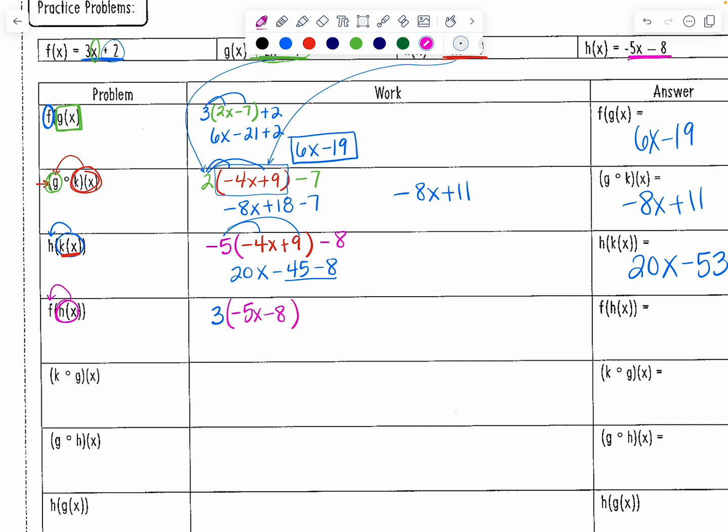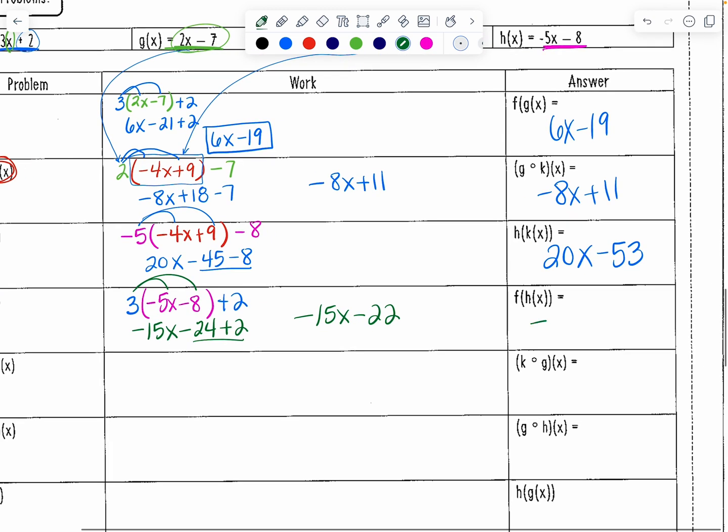And then I'm going to finish up the f function. So then plus 2. And now I'm just going to distribute. So this gives me -15x minus 24 plus 2. And so I'm going to combine like terms. This gives me -15x minus 22.